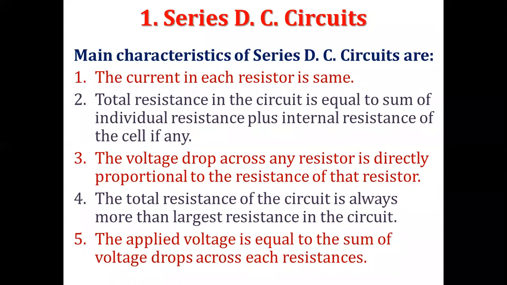Number 5, the applied voltage is equal to the sum of voltage drops across each resistance. Full point. So these are the characteristics of the DC series circuit.